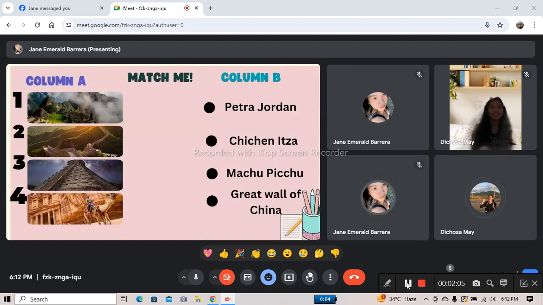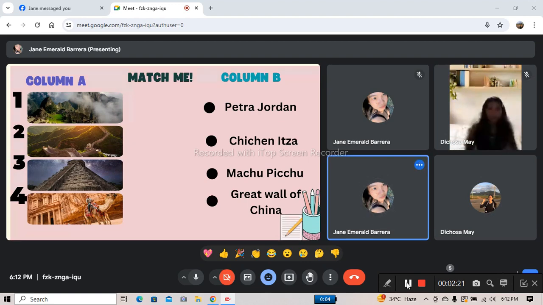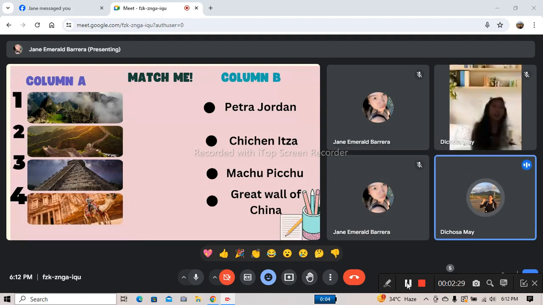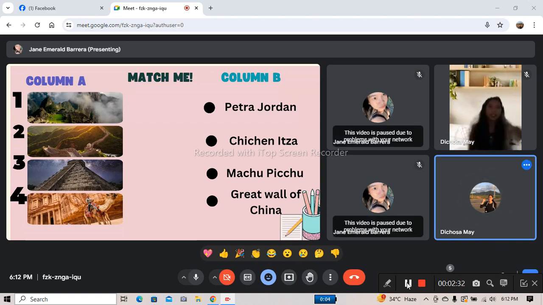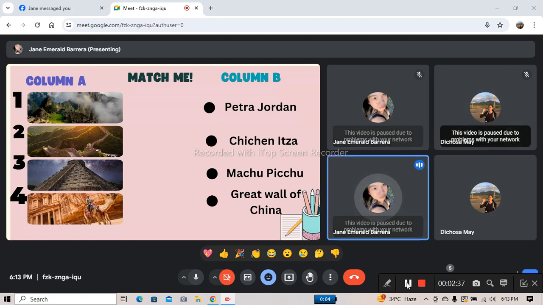Ma'am, what will be the answer of the picture that column A shows? So I believe the answer on number one will be Machu Picchu, ma'am. Okay, we will know your answer later on if you have already finished answering column A to column B. So column A: number one is Machu Picchu.